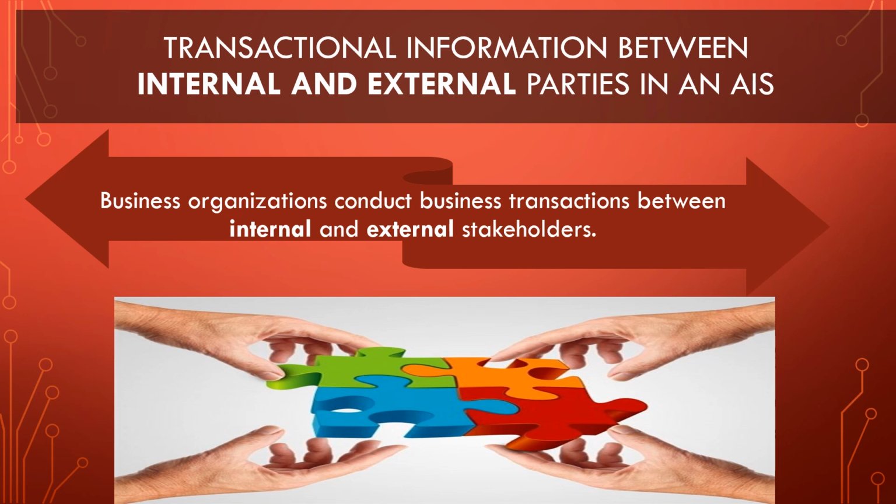Let me give you an example, let's say the sales process. It comes first when the customer, the external party, places an order, and then we have an internal party, the employee or clerk, who receives the sales order and processes it by keying it into the system if automated, checks the availability of the items in the warehouse, and checks the credit limit in the other department and so on.